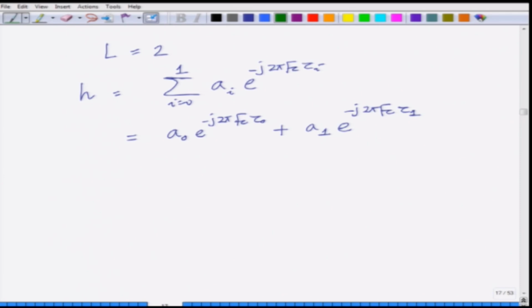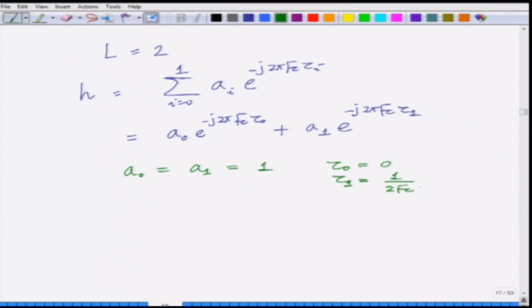Now, let us consider a simple scenario in which A naught equals A 1 equals 1, and tau naught equals 0 and tau 1 equals 1 by 2 f c.